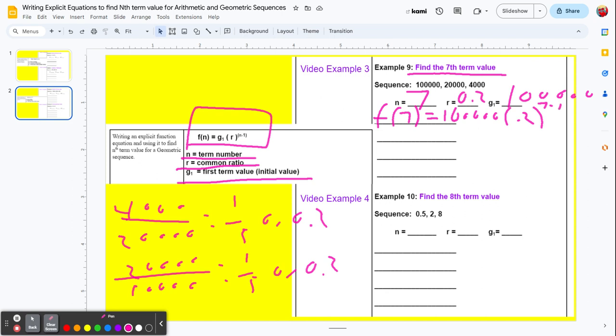So f of 7 equals 100,000 times 0.2 to the 6th power.